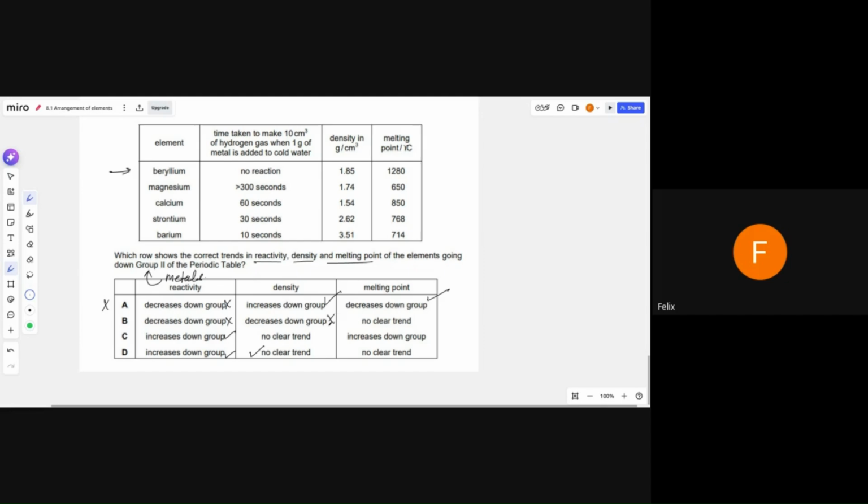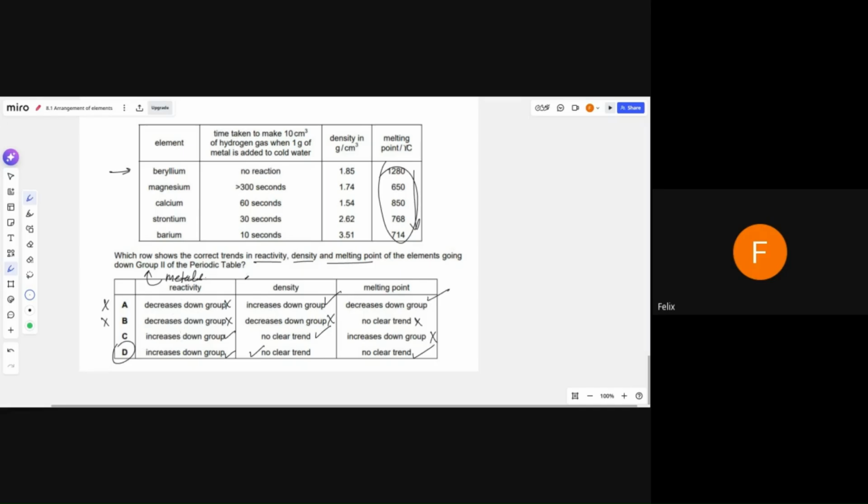So this cannot be the answer. But since the first one is wrong, this cannot be the answer. This is correct: no clear trend. Melting points are decreasing. So this cannot be the answer. And increases down the group, no clear trend. D is the answer. So I hope this is clear.